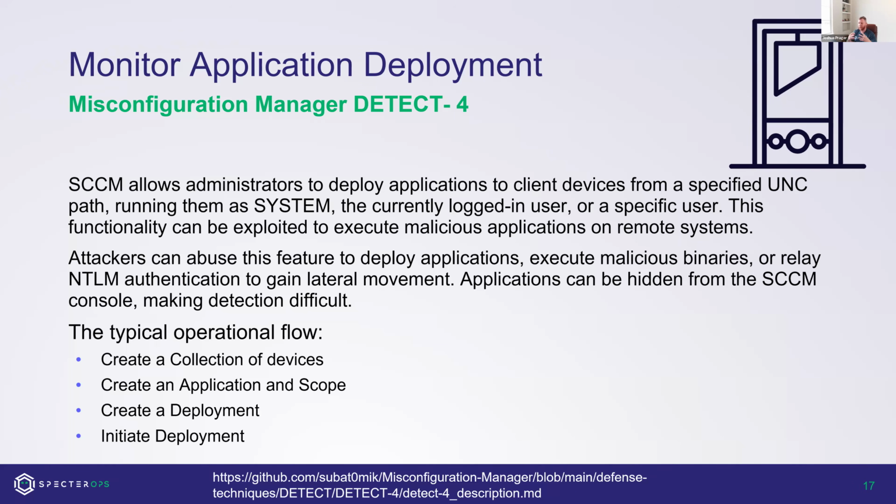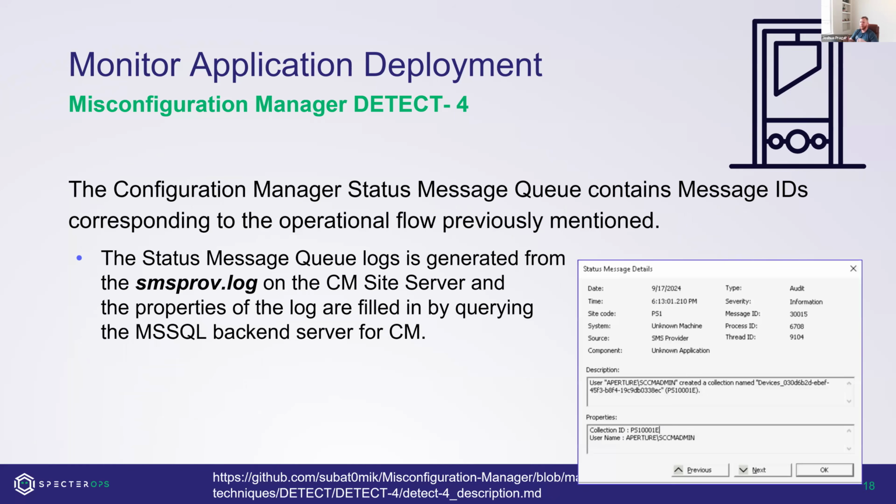That's where we give it the particular configuration settings of how do we want this to be executed, and what functionality do we want to pass to that remote system when that deployment package is sent. And then we initiate the deployment. So luckily for us, there is this log provider that Configuration Manager provides called the status message queue, okay?